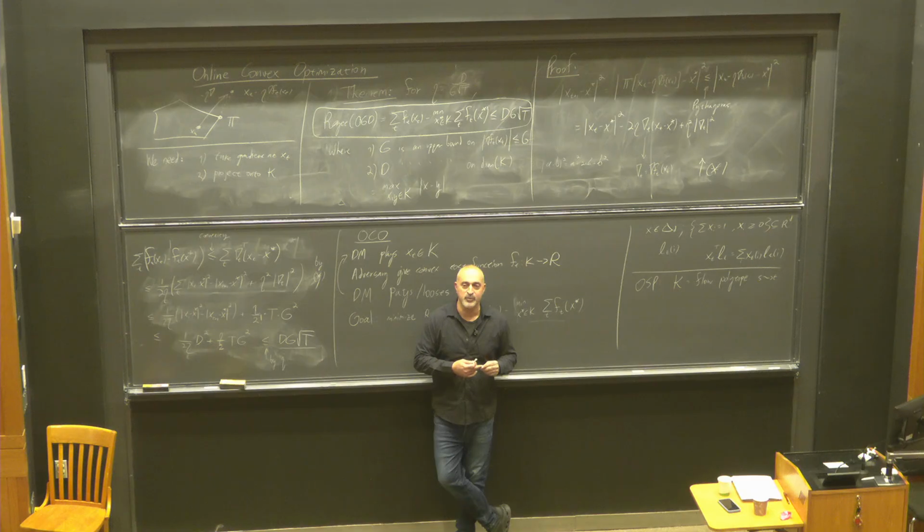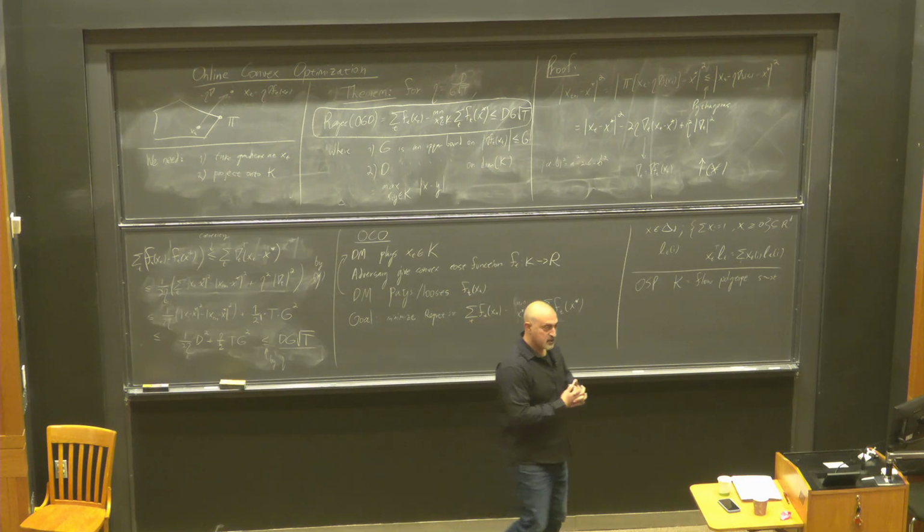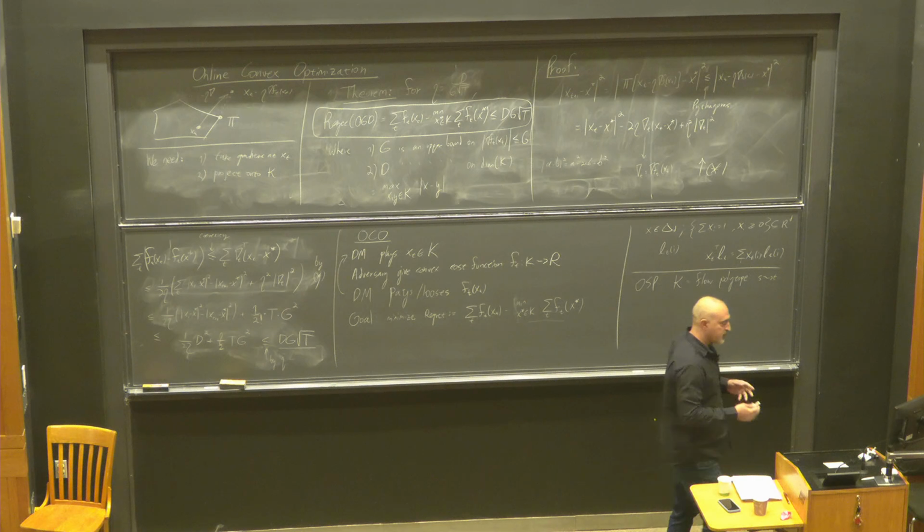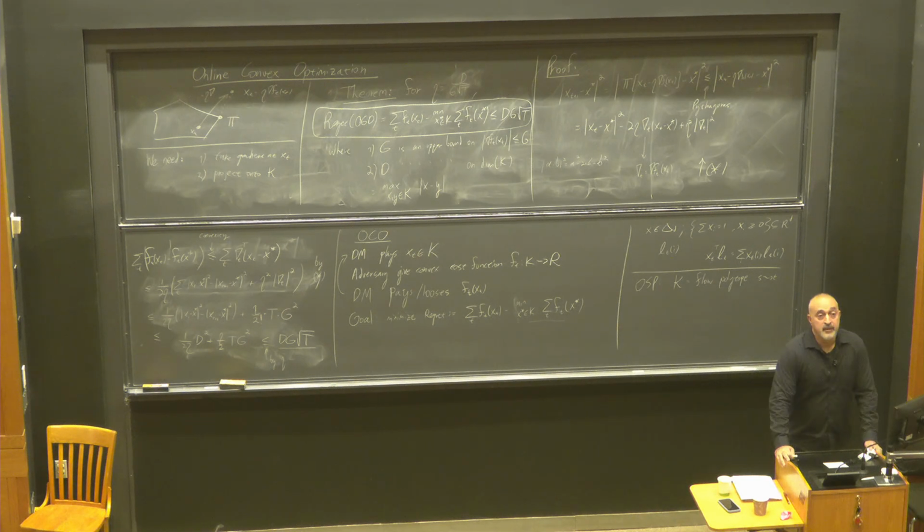Who can prove to me that if I multiply the gradient bound G by a factor of 2, my regret has to grow by a factor of 2? That's a good intuition.